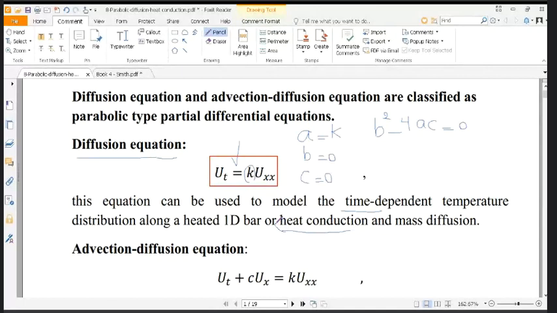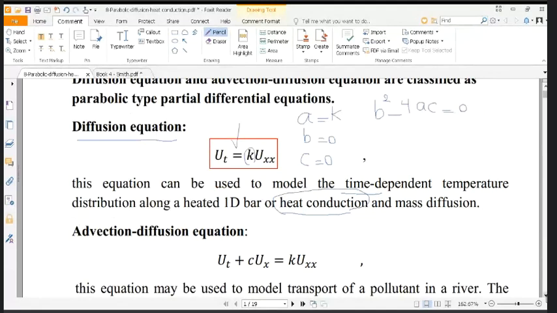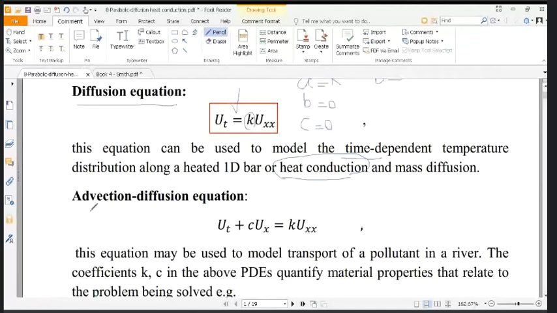Okay? And another PDE that is classified as a parabolic type PDE is the advection diffusion equation. The advection diffusion equation has the general form u_t plus c u_x equal to k u_xx. In this PDE, again A is k, and B is the coefficient of ∂²u over ∂x∂y, and B is again 0.